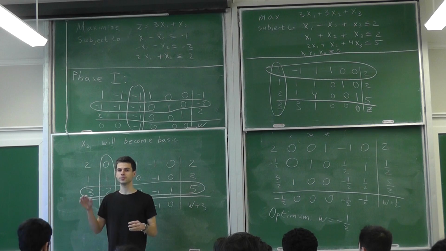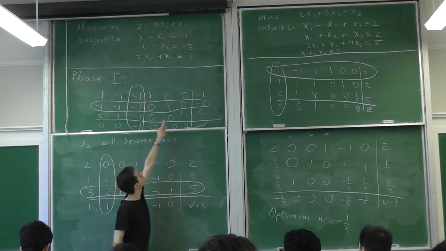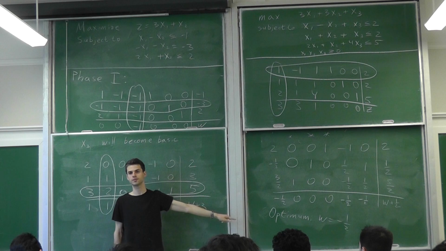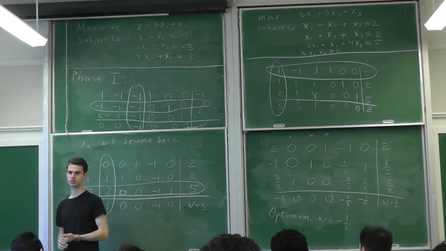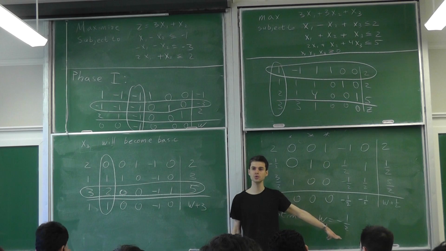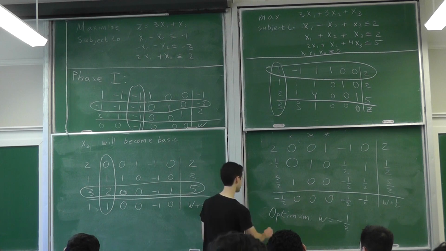So the fact that the best thing we can do here is minus 1/2 tells you in the original problem to find at least one solution, you have to relax each one of these inequalities at least by 1/2. Otherwise, well, it has no solutions. So this thing being negative, not being 0, tells you your original problem is not feasible.